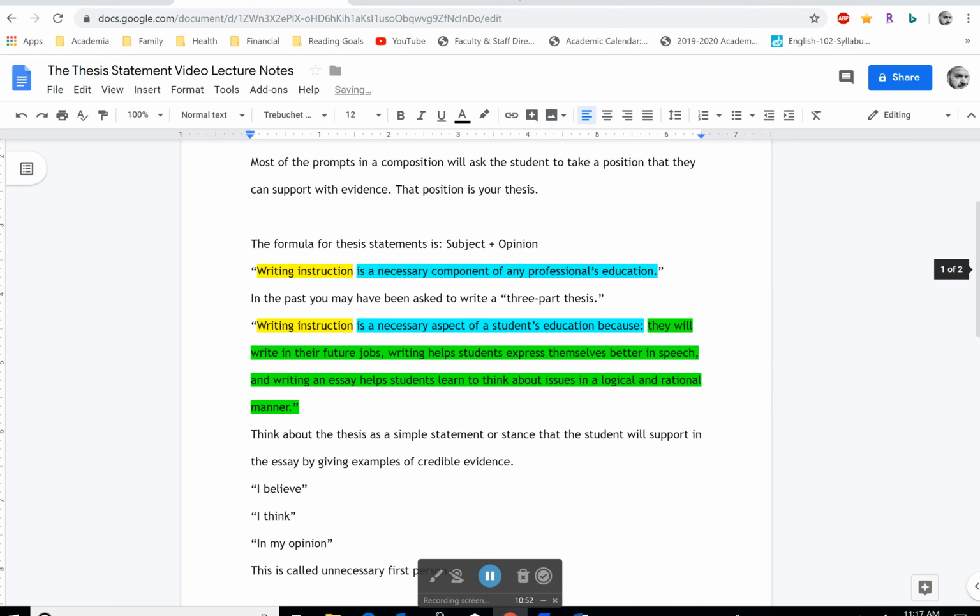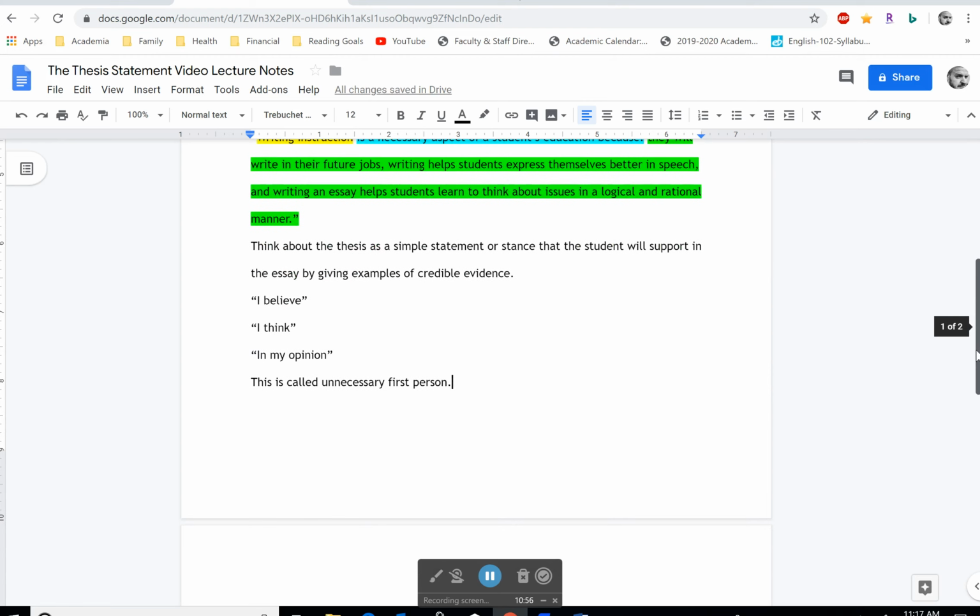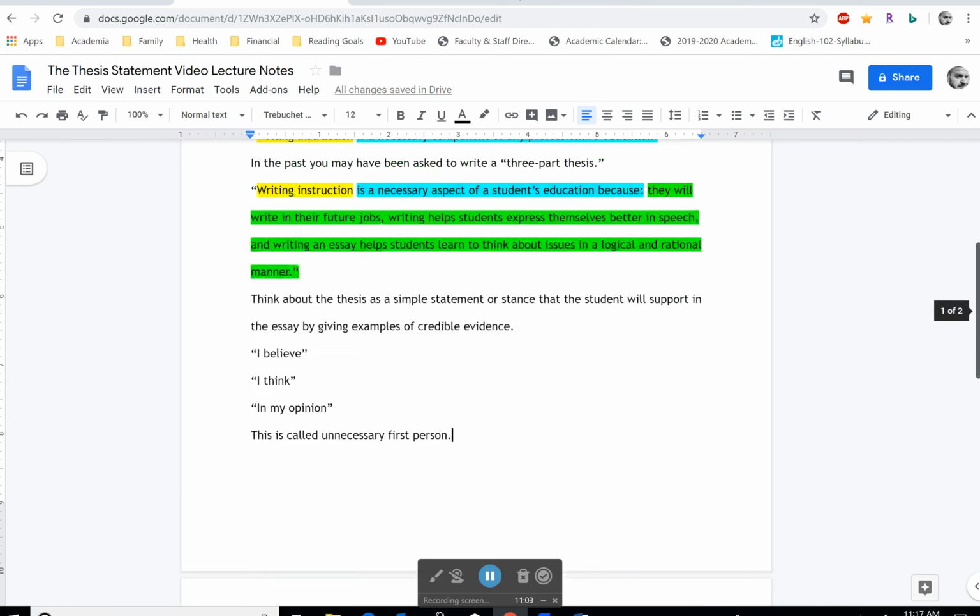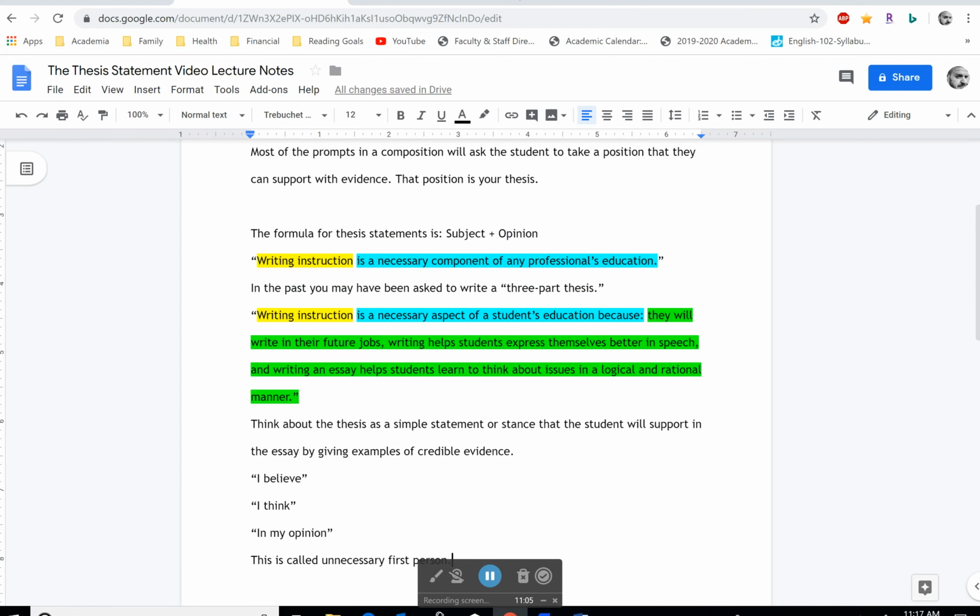And the reason it is totally unnecessary is because we know it is your beliefs because you are the author. We know it's your opinion because you are the author. The student should never be writing, in my opinion, writing instruction is a necessary component of any professional's education, because we already know that's their opinion, and it's a much stronger tonal sentence without that.